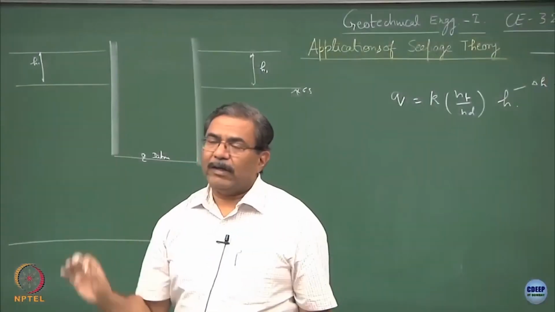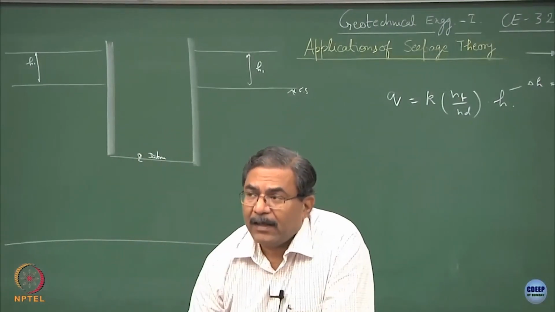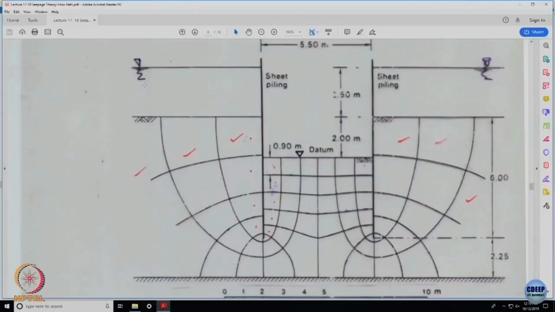Is this okay? So, we have counted ND. In other words, if this is 100% potential and this is 0% potential, what will be the value of H at each of these equipotential lines? If this is 100, this will be 90, 80, 70, 60, 50, 40, 30, 20, 10, 0.